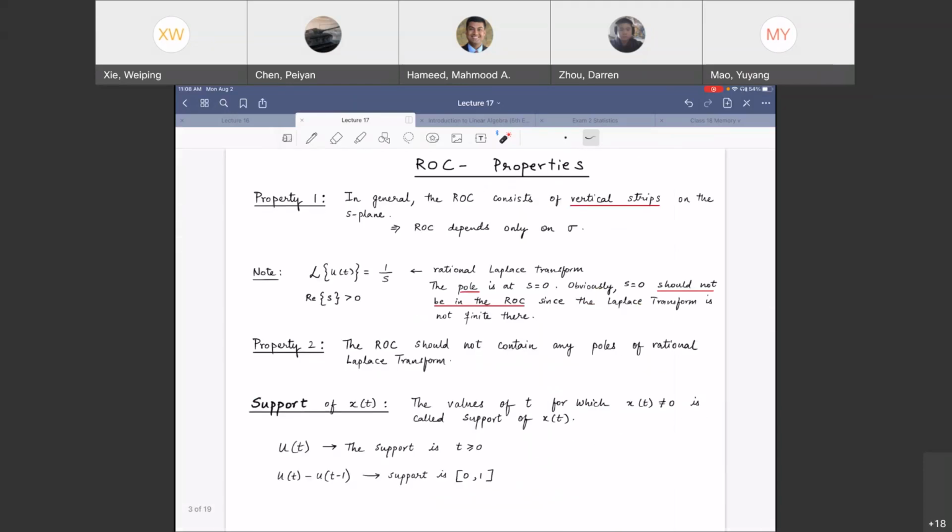Now, a few pointers before I get started with the properties of region of convergence. I will walk you guys through the properties, and we will actually use them in problems. I'm not going to spend time doing the proof for the properties, just because it takes time and it turned out not to be too useful.